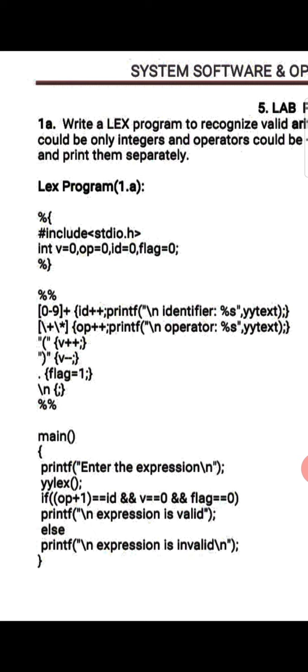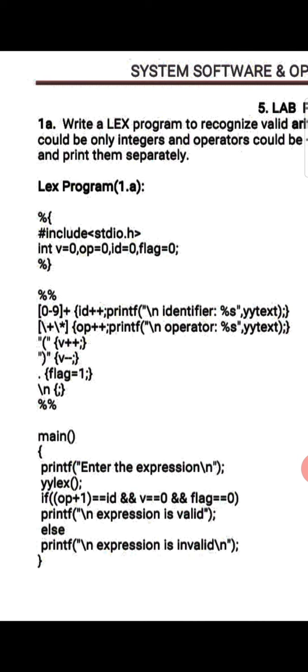Whether we have balanced parentheses or not, for that we are using this variable, and it should always be 0 after reading the entire input expression. Next, it is ANDed with the flag variable.